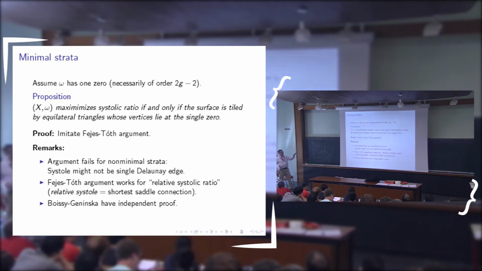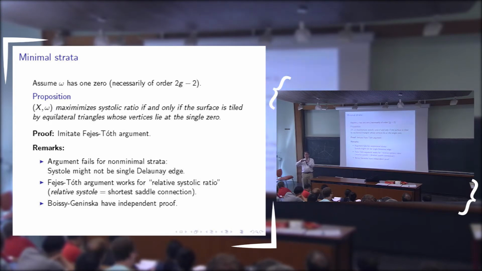What's important is that we only have one zero, so every systole has to go through that zero, and only once, and it consists of just one single Delaunay edge. In other strata, that systole might consist of many Delaunay edges, or rather many saddle connections.